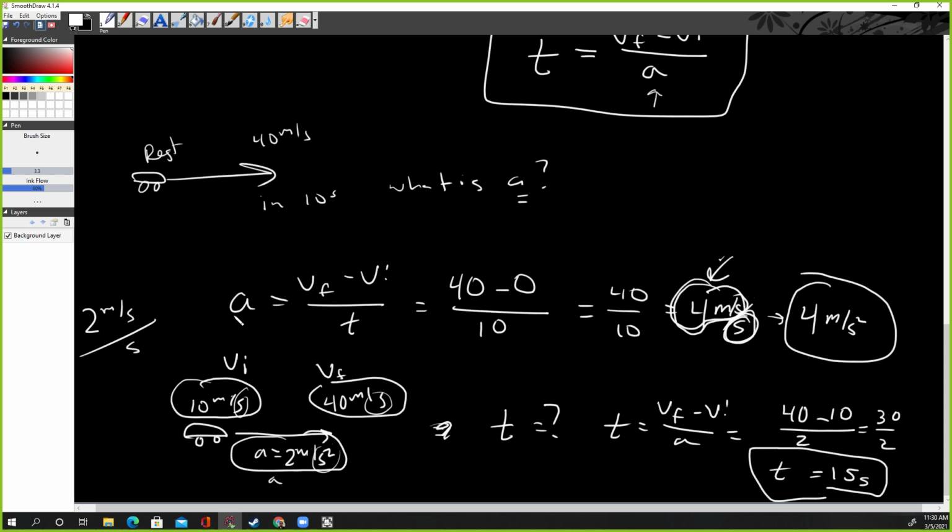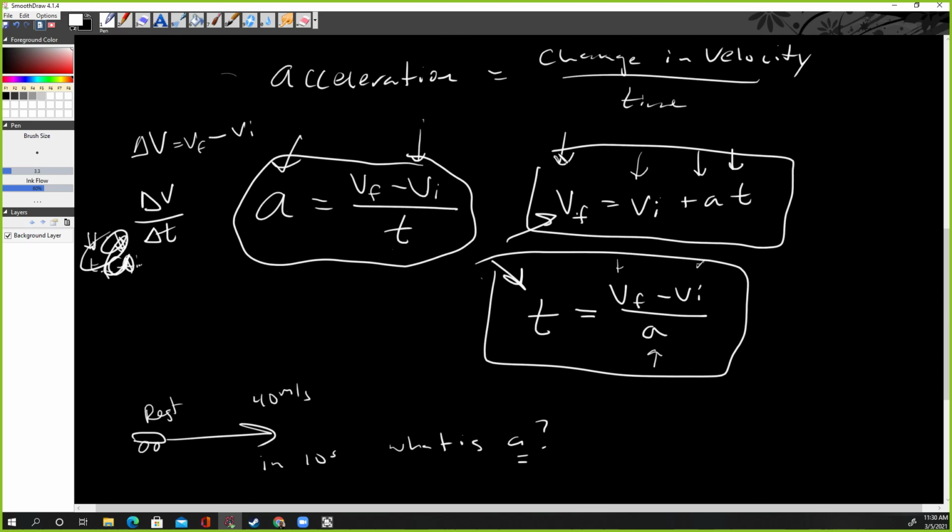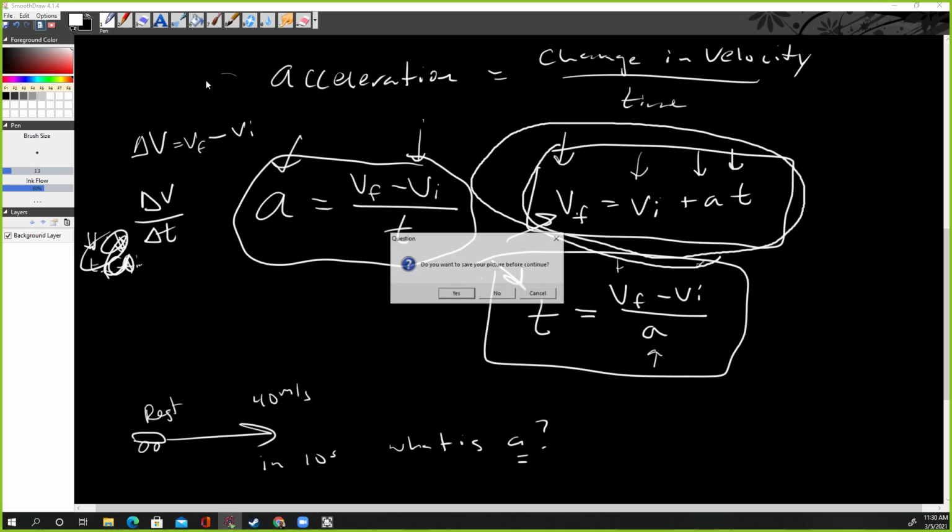So that's that. And the last one we're going to do is this one here. We haven't solved for that, so let's do that on a new sheet here. So you got this car, and it's going on the freeway. It's a race car, let's say. And it's going 0 meters per second, so it starts from rest, and it zips up to some speed right here, this new speed.